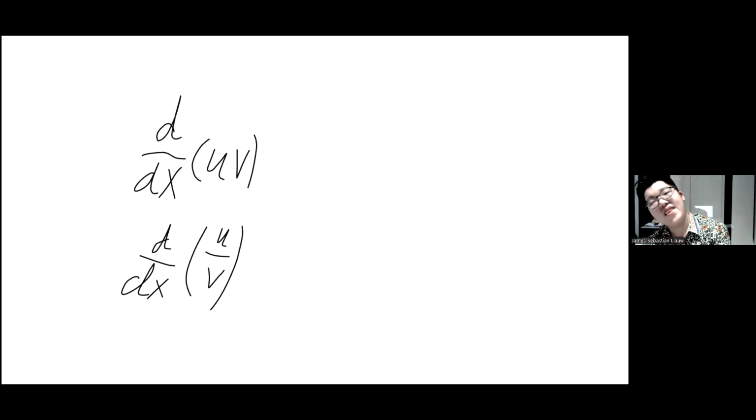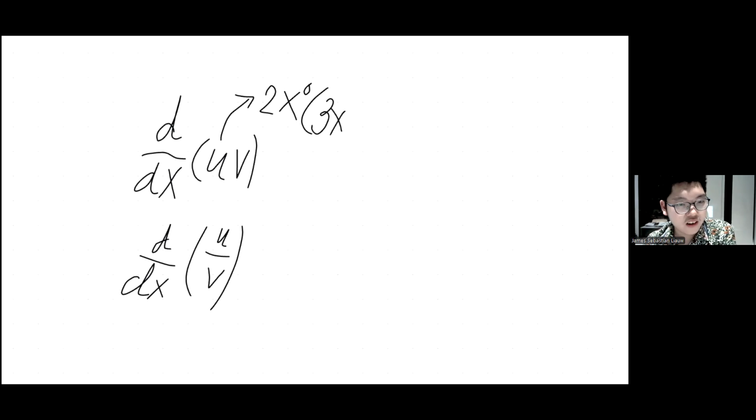Well, they can be any power except power of 0, of course, because if U is in the form 2x power 0 times 3x power 3, notice that the first part is just 1, so this whole thing evaluates to 6x power 3, and this is a basic example of constant multiples, what I discussed earlier.